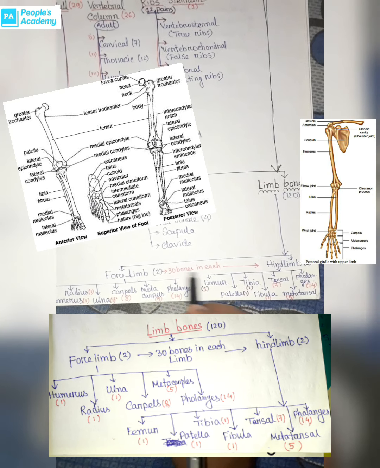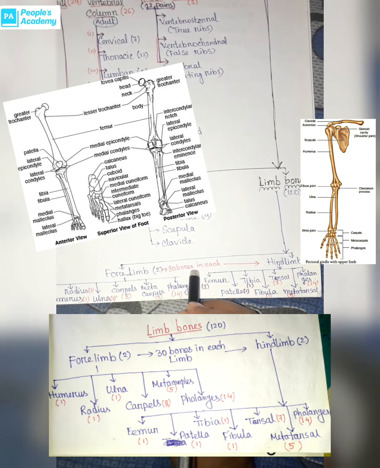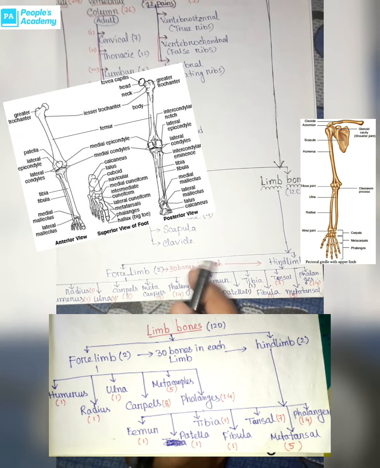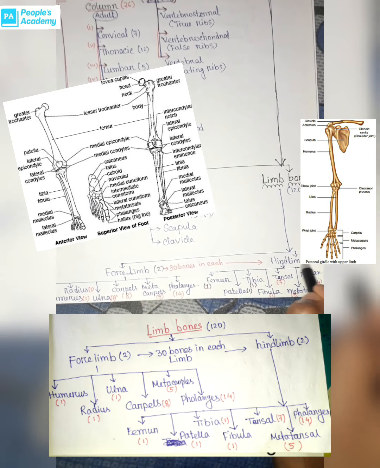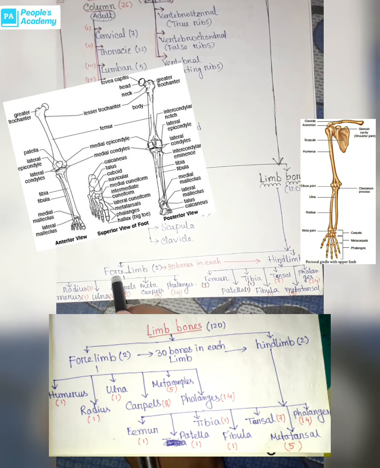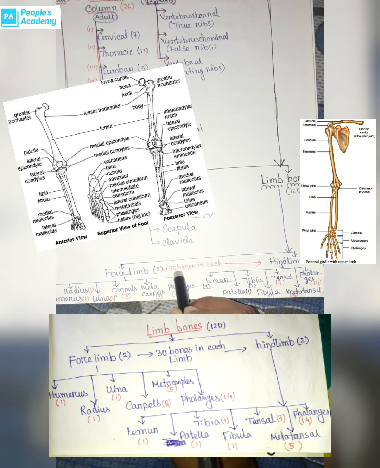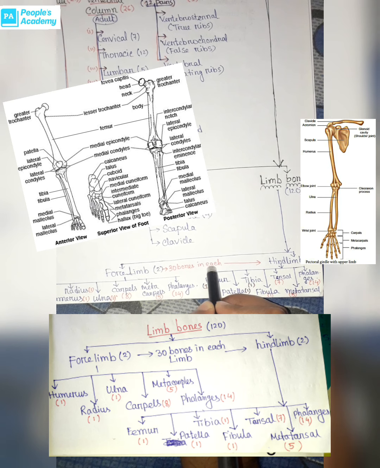A total of 30 bones are present in each forelimb and hind limb. Forelimbs mean hands and hind limbs mean legs. So humans have two hands, two forelimbs, and in each 30 bones are present.